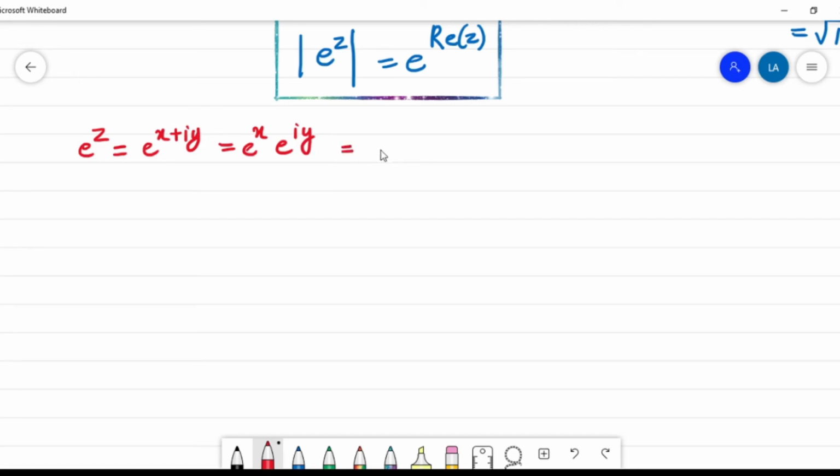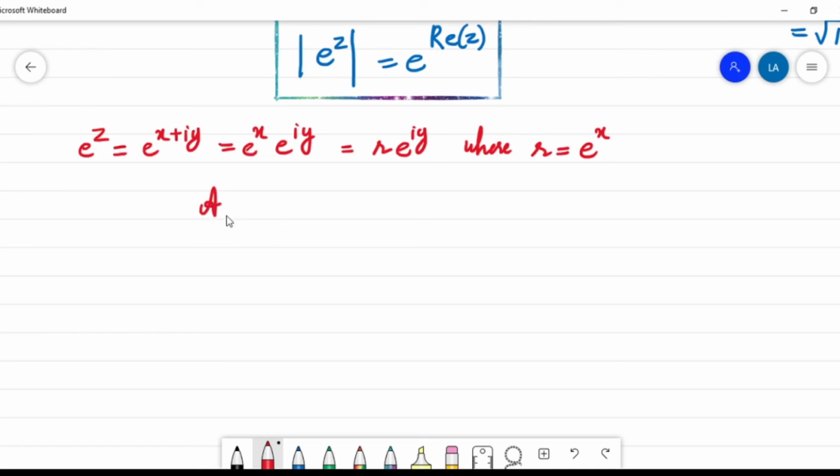This is equal to r into e raised to iy. Suppose I am saying here r is equal to e raised to x, definitely, okay. So, this means that the r we mentioned earlier is the same here, and we had a theta there which was called the argument.